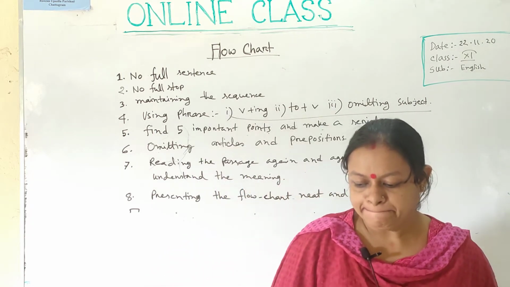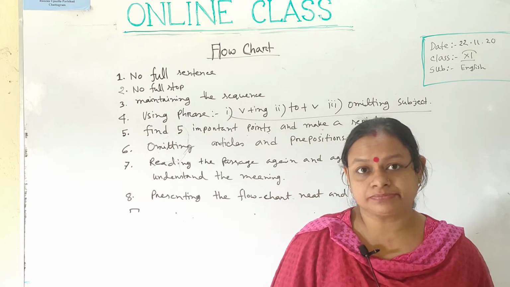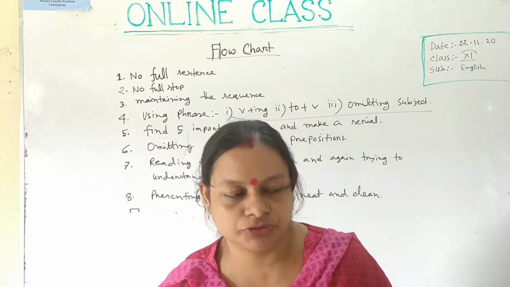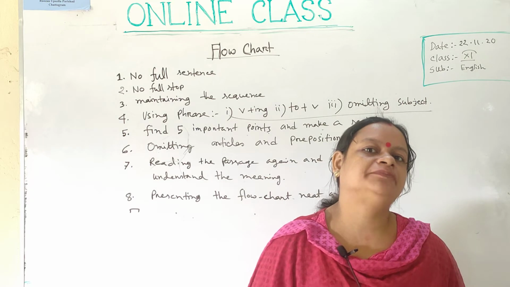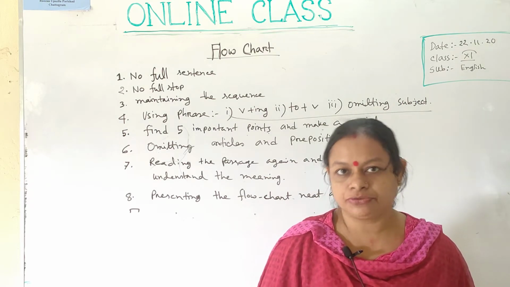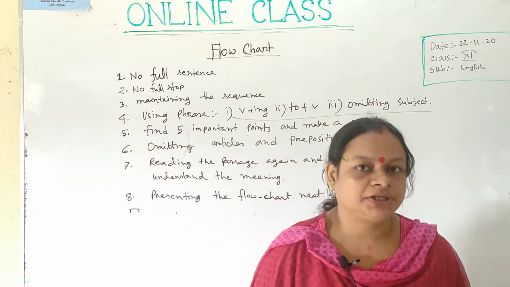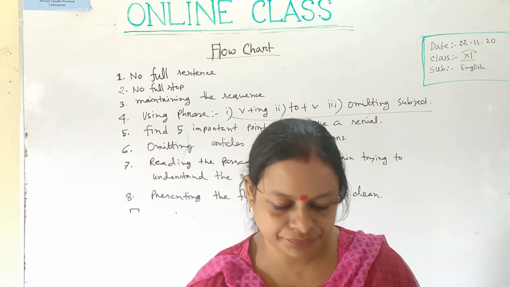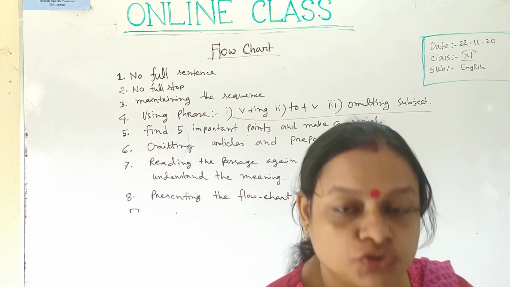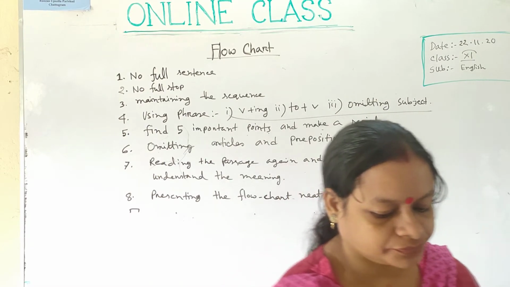I say that you better notice the question paper. If the phrase starts with capital letter in the question paper, you can start with capital letter. If the phrase starts with small letter, you can use small letter. It will be better to follow the question.